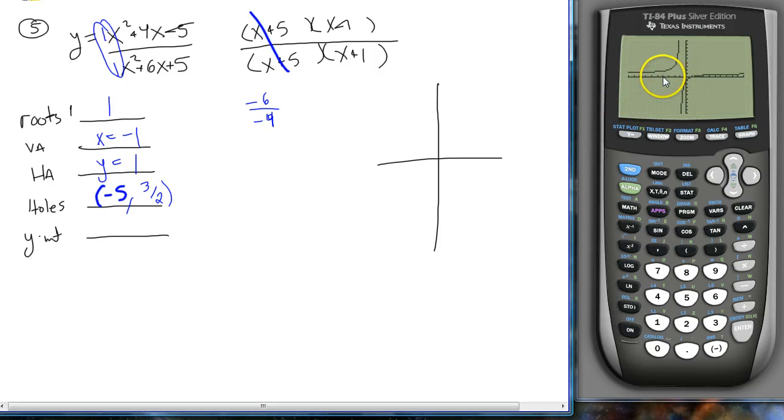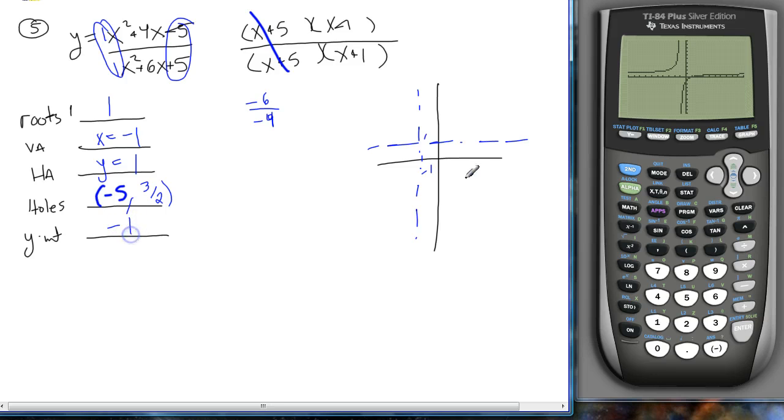If we look at our graph, we can see the asymptote is actually up here at 1. So it crosses here at 1. The vertical is at -1. Back numbers: -5 over 5 is -1.